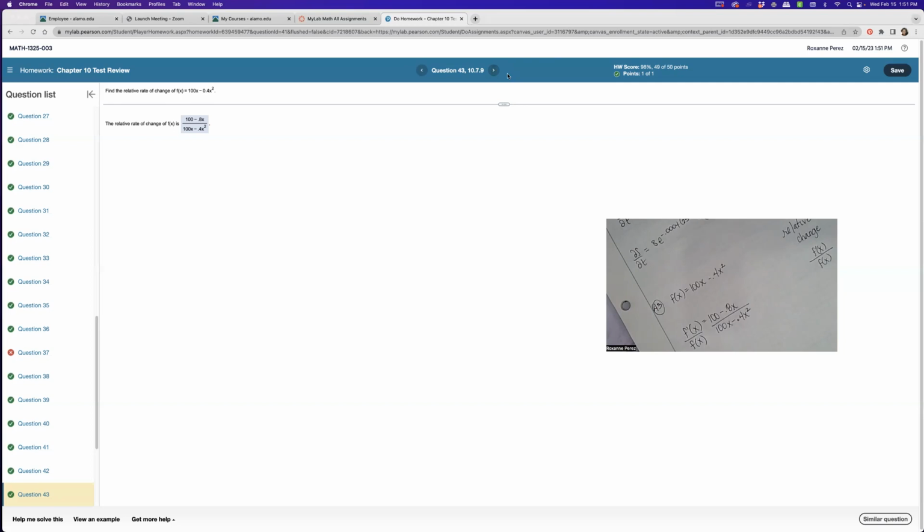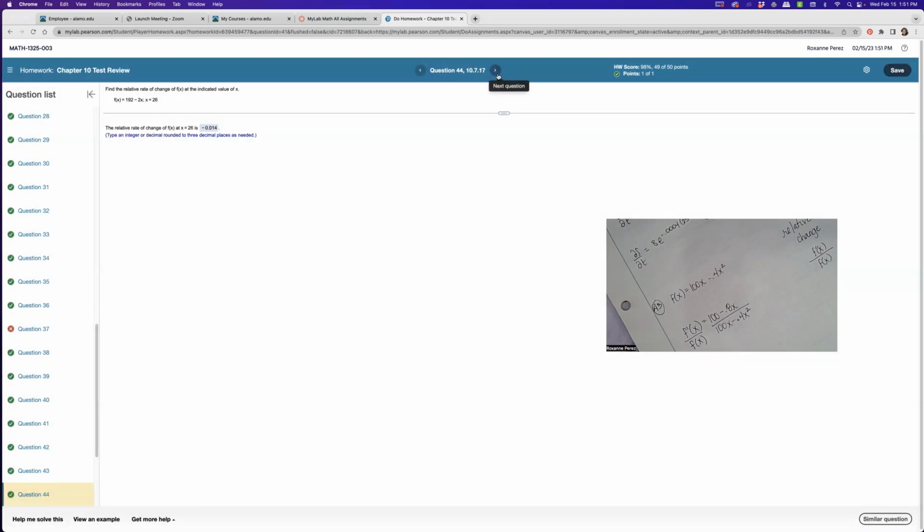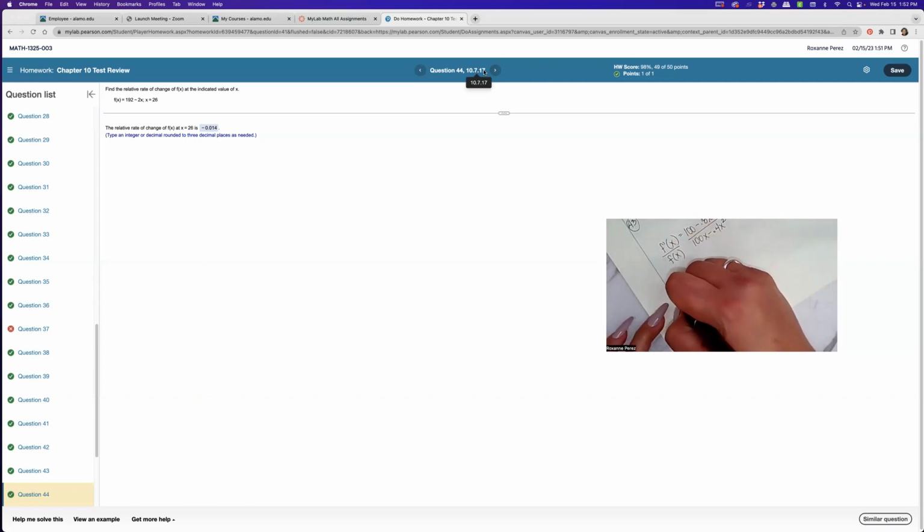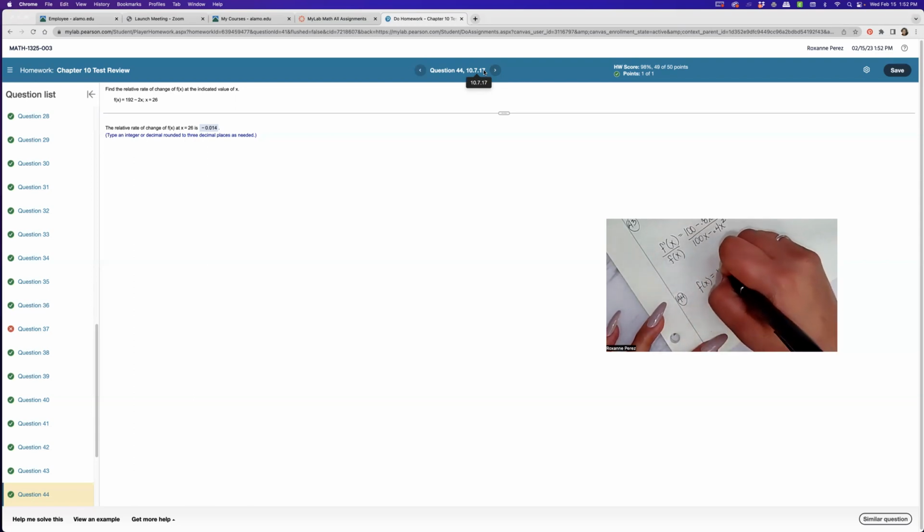Let's move on to 44. We are doing the same thing for 44, finding the relative rate of change. You're given function f of x equals 192 minus 2x.